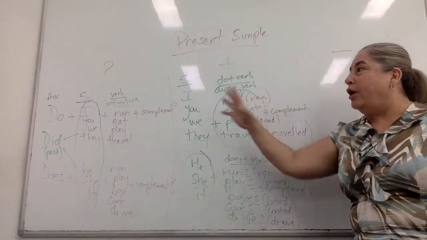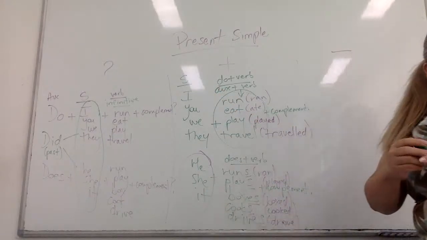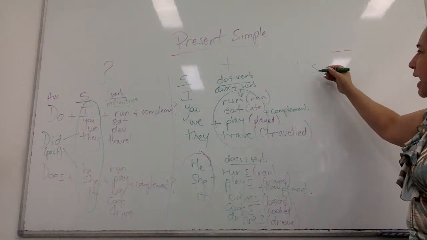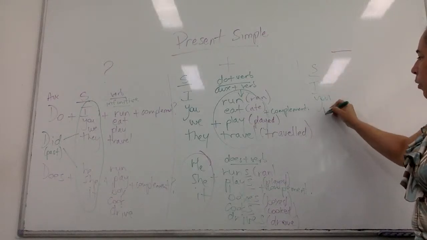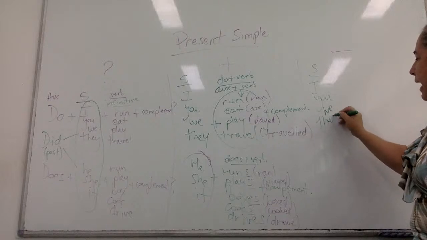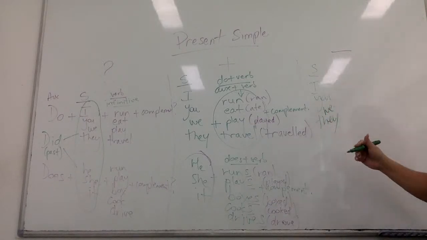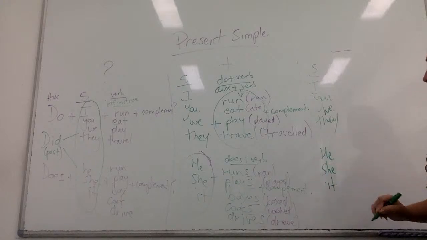So again, we're going to begin with our subject. So if I have, for example, my subject here, I, you, we, they, we're going to separate, right? Because we have do and we have does. So then we have he, she, and it.